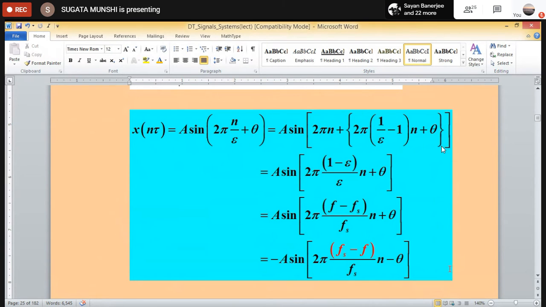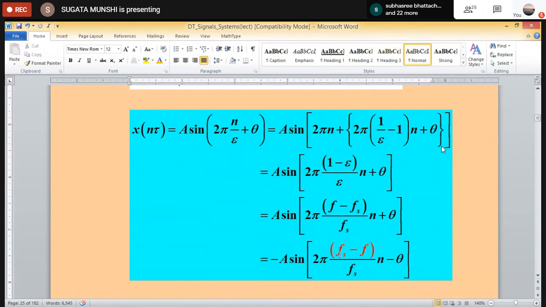So x n tau can represent a sinusoid with frequency Fs minus f, which is less than f. Can you carry out mathematical maneuvering to show that x n tau can represent sinusoids of still lower frequencies than Fs minus f? You can't do that. You try out, but you will find that this is the frequency Fs minus f.